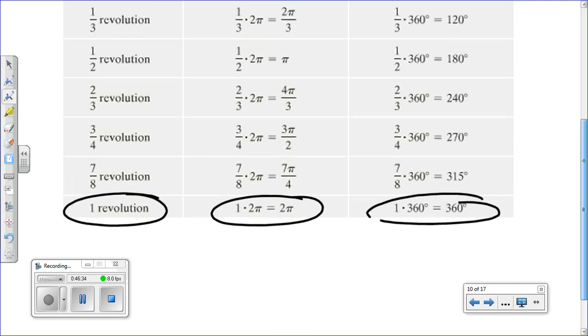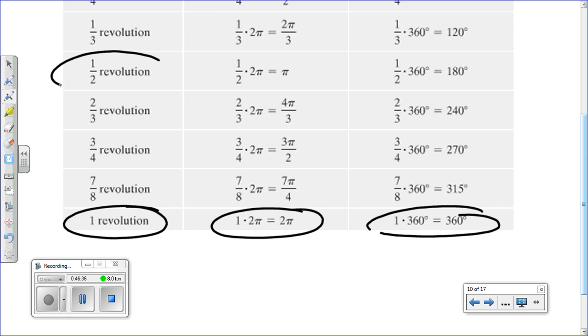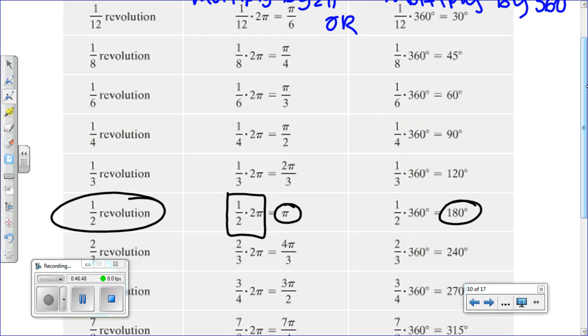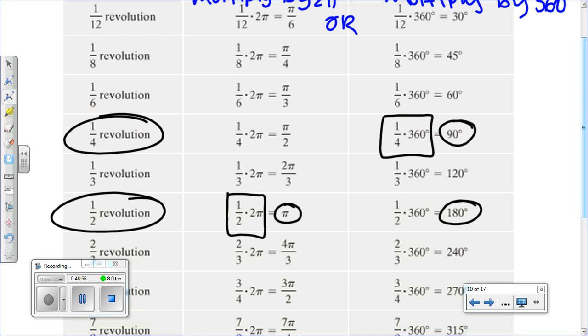If we look at half of a revolution, if you multiply 1/2 times 2 pi, you end up with pi, which you know that's half of the circle, or 180. Let's look at a quarter revolution. So you already know that is 90 degrees, right? So if you multiply 1/4 times 360, you get 90. Or if you multiply 1/4 times 2 pi, you get pi over 2.